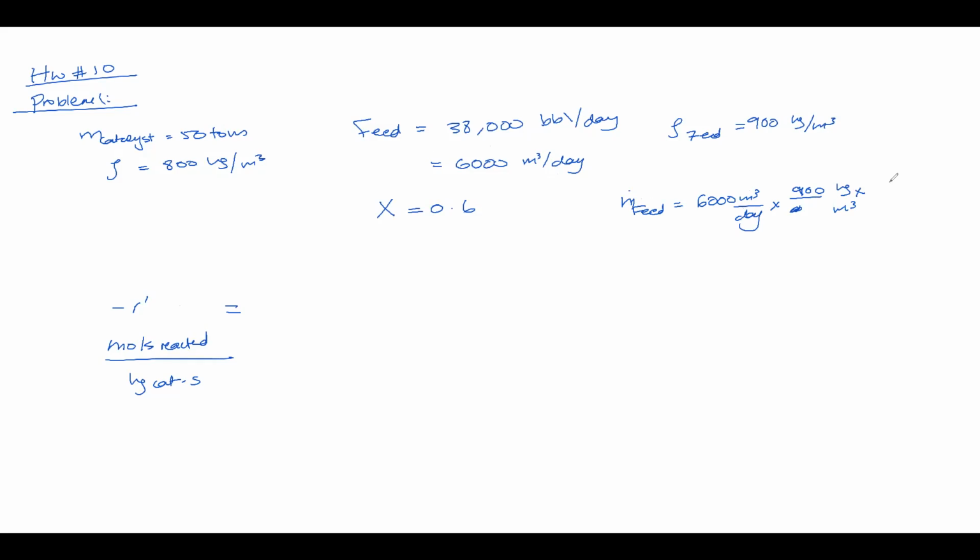And then I'm going to convert this day to seconds: 1 day over 24 hours, 60 minutes, 60 seconds. This gives me a mass flow rate of 6,000 multiplied by 900 divided by 24, 60, 60.